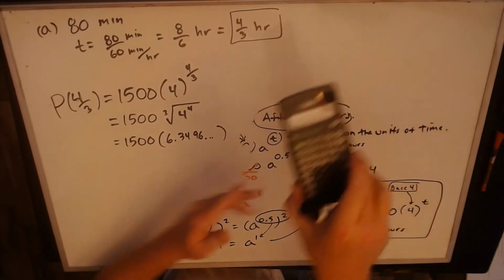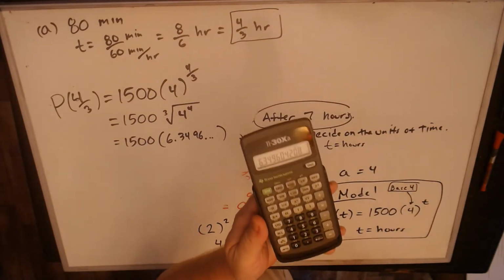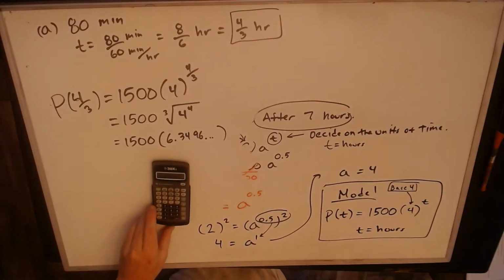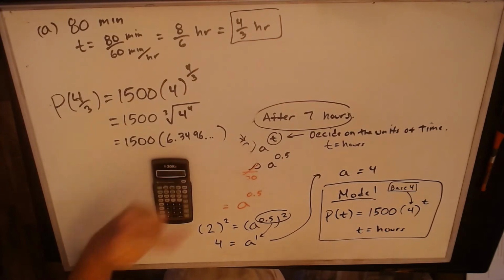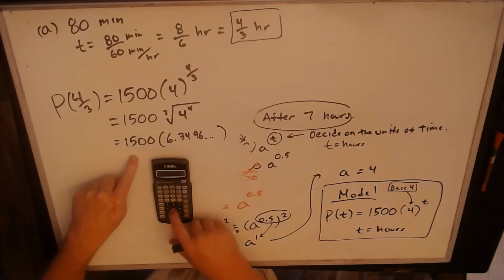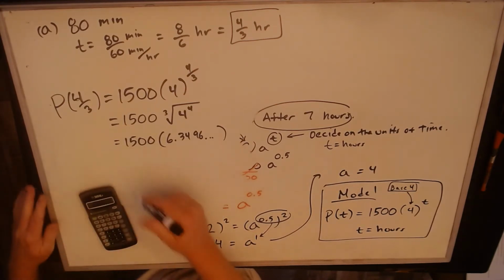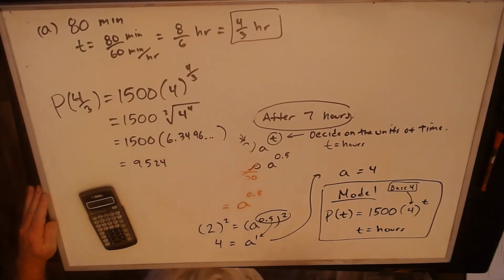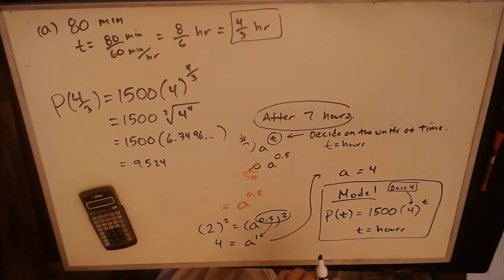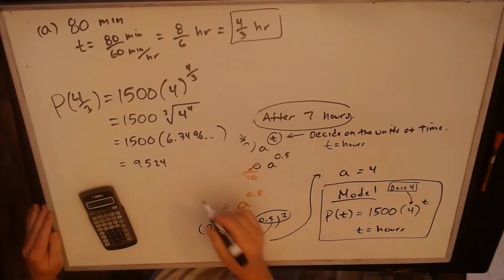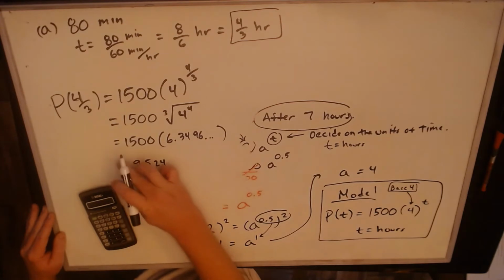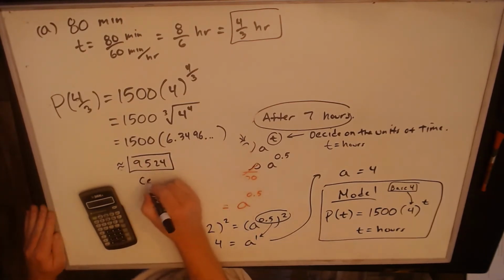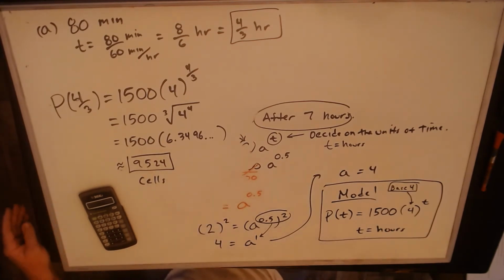So I should have 6.3496, and so on, times 1,500, which is 9524. Now, we can't have a fraction of a cell. We're assuming you either have a whole cell or you have no cells. So this is the approximate number of cells. You might as well round to the nearest integer after 80 minutes.